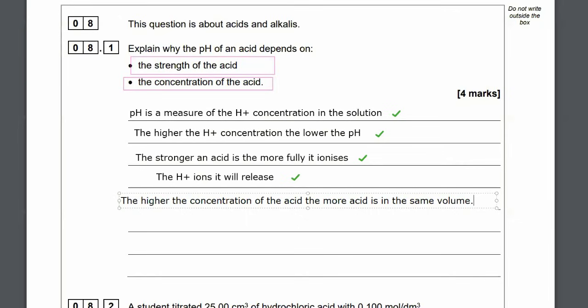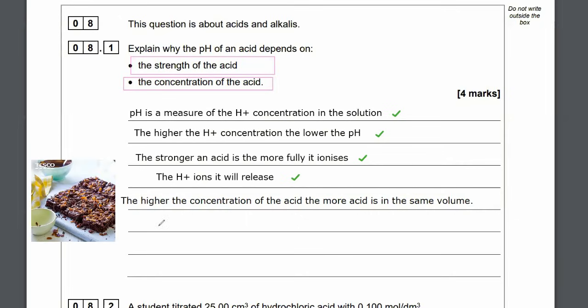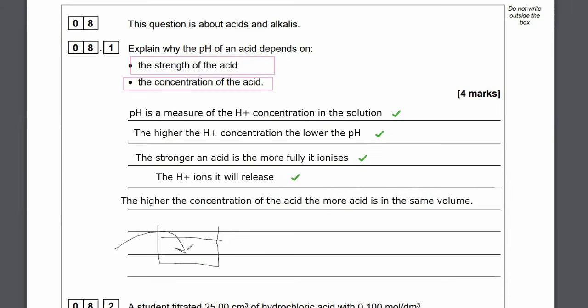And just for those of you that are wondering what that means, what we're basically saying is if I have 1 mole of hydrochloric acid, let's say, in a decimeter, then the concentration is 1 mole per decimeter.